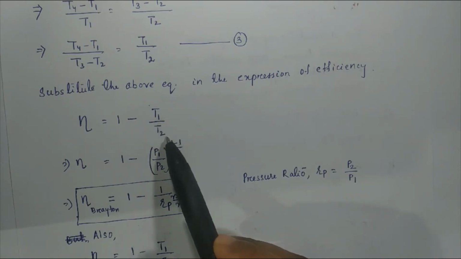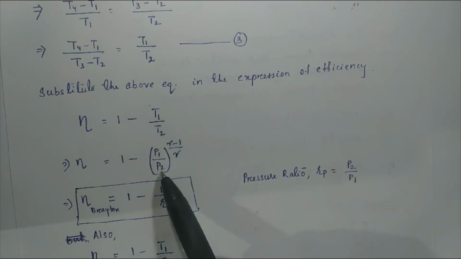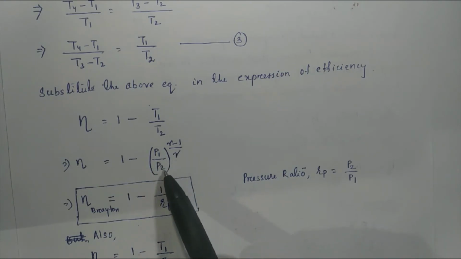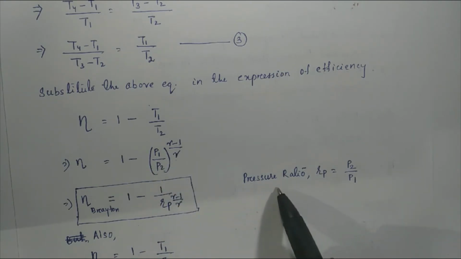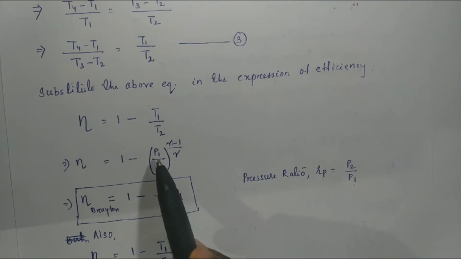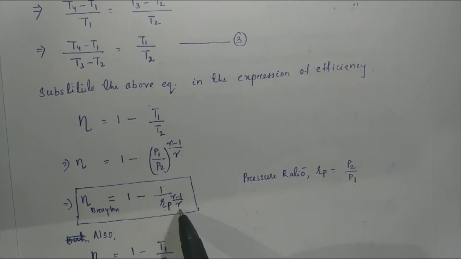T1 by T2 is replaced as P1 by P2 to the power (gamma minus 1) by gamma. This P1 by P2 is 1 by Rp, because Rp equals P2 by P1, so we consider 1 by Rp to the power (gamma minus 1) by gamma.